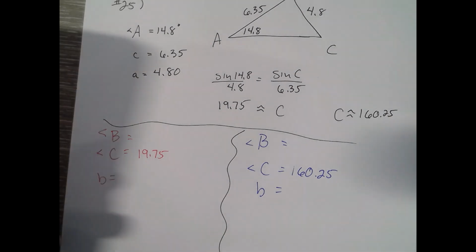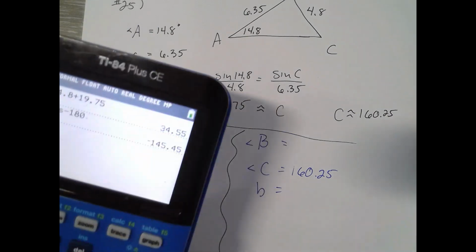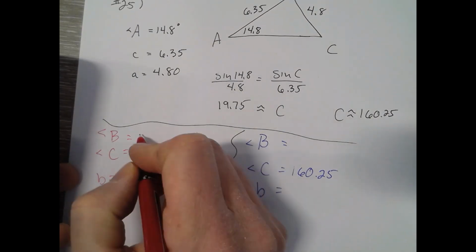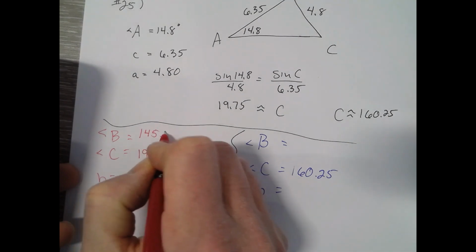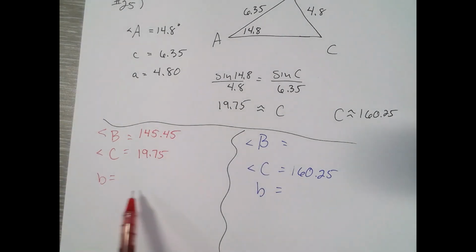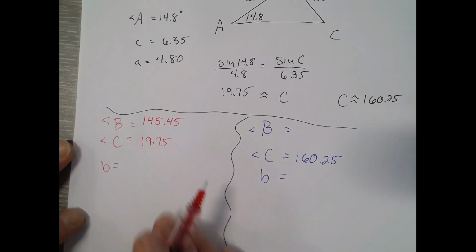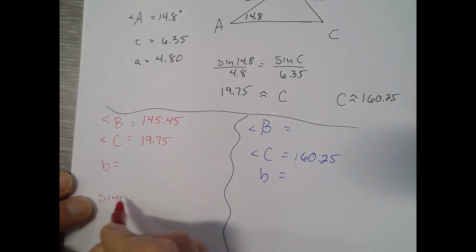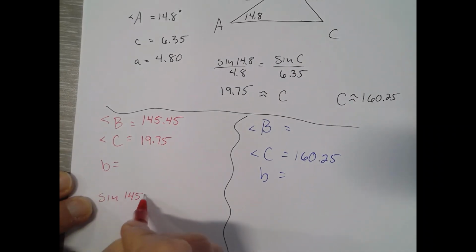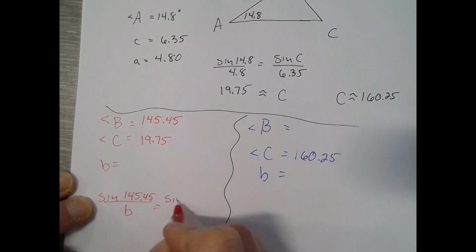So 14.8 plus 19.75 leaves 145.45. And then side B can be found by finding the sine of B over B equals the sine of 14.8 over 4.8.